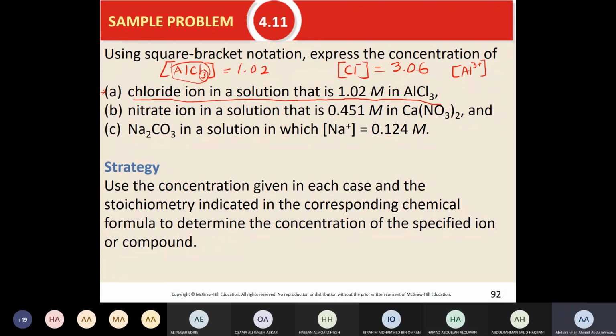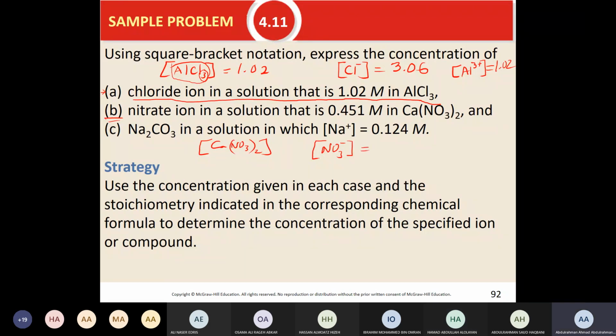Okay. How about the concentration of aluminum? Quickly. 1.02. Exactly. Okay. Read B and tell me what it is. It will be twice the amount. So what's given to you? Concentration of what? Ca(NO3)2. And what is required? The nitrate ion, NO3 minus.